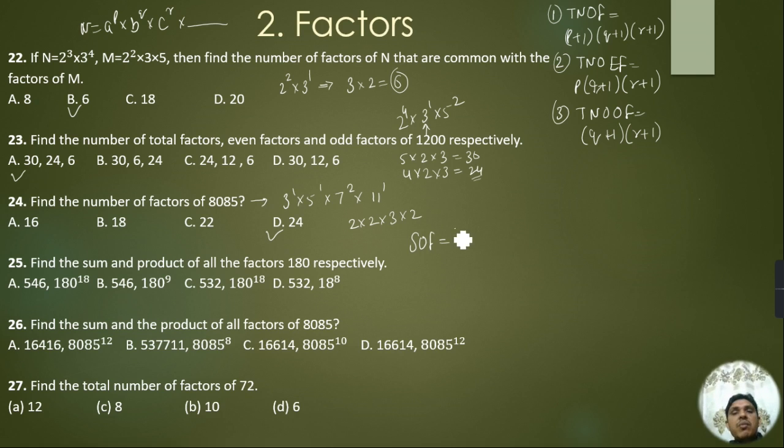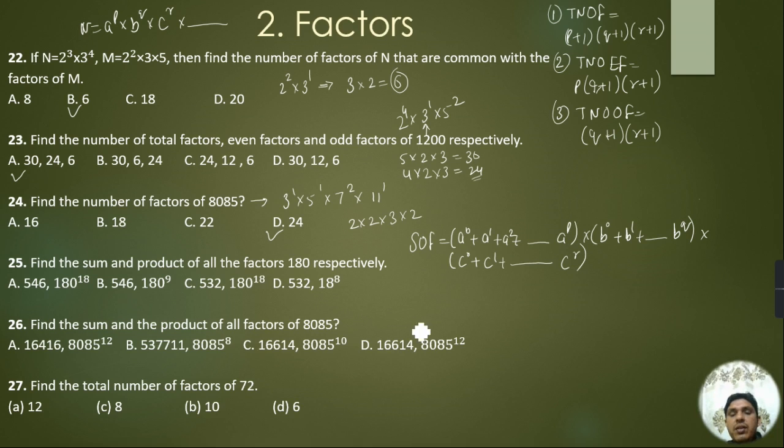This can be calculated as (a^0 + a^1 + a^2 + ... + a^p) multiplied by (b^0 + b^1 + ... + b^q) multiplied by (c^0 + c^1 + ... + c^r), right?